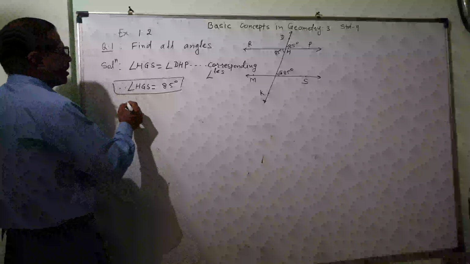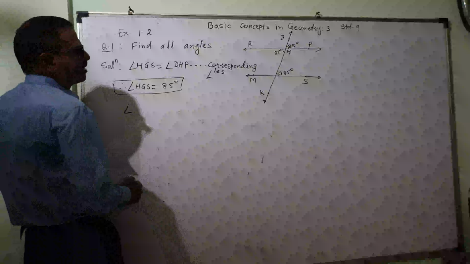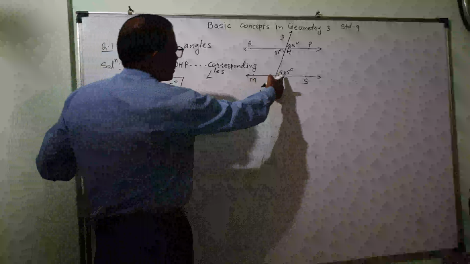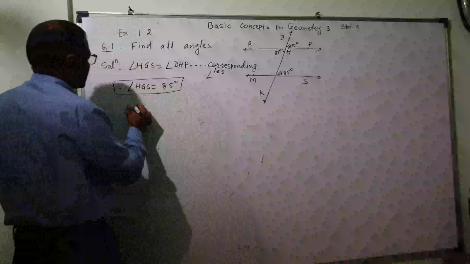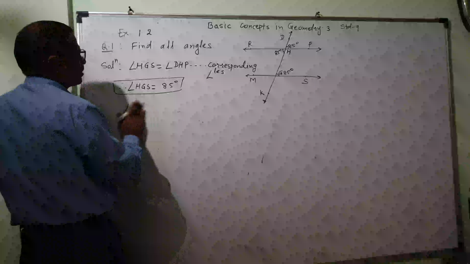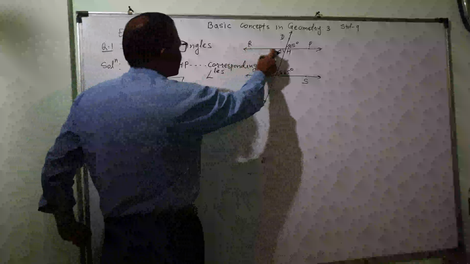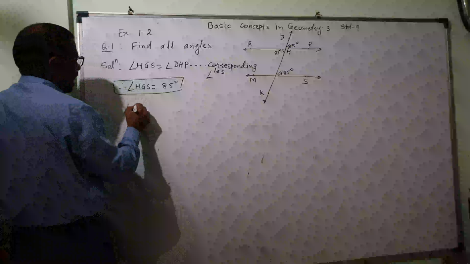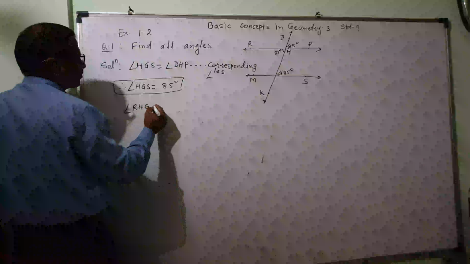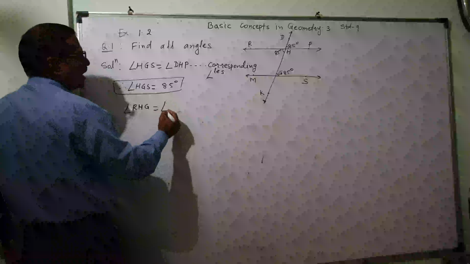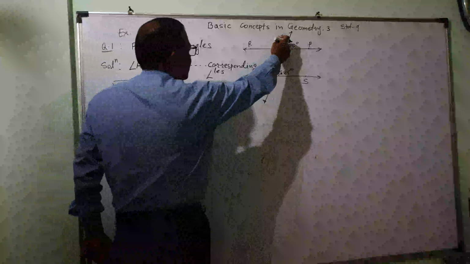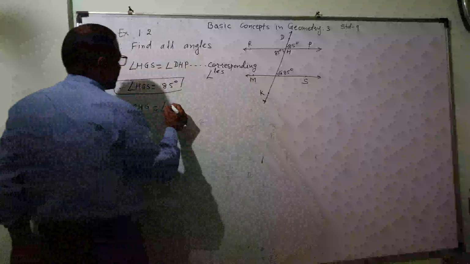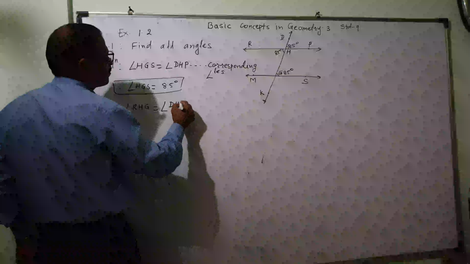Okay. So this angle I have to find. I will take this name RHG. Angle RHG is equal to angle DHP.